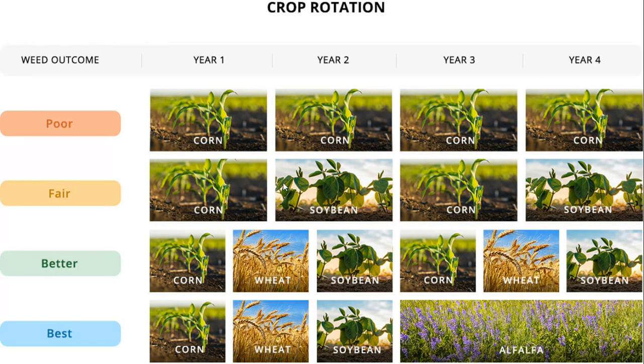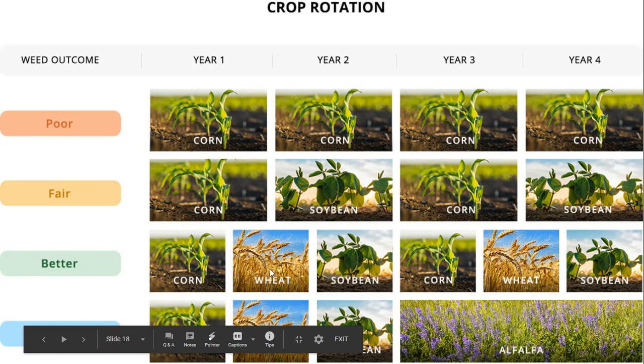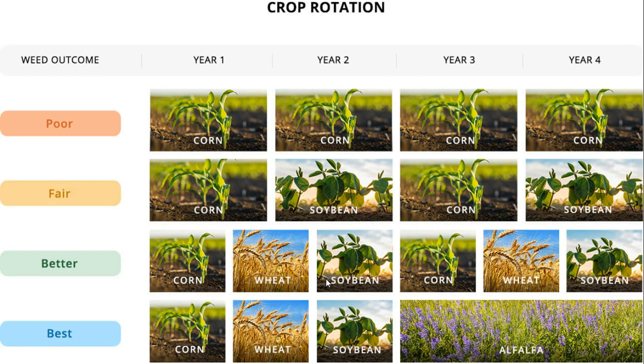As soon as they include a simple rotation where they just alternate between corn and soybeans, that improves the weed outcome right away. If they add a third crop, wheat, then it gets even better. And the best is when they do 3 crops followed by alfalfa.